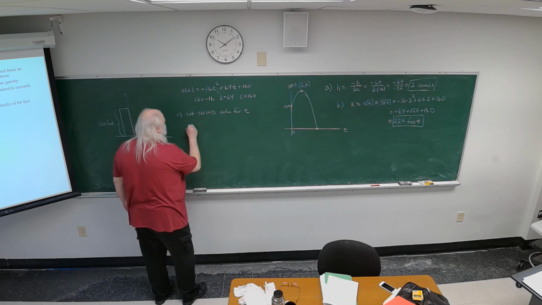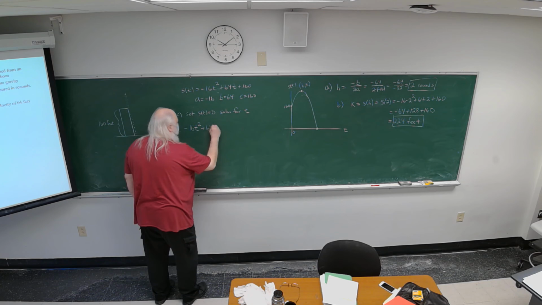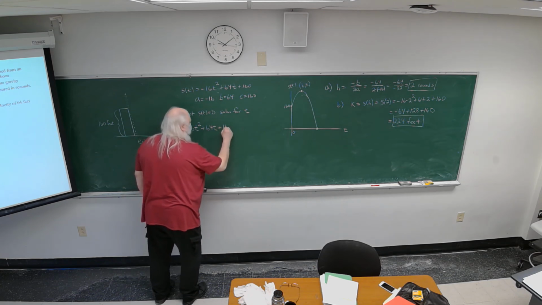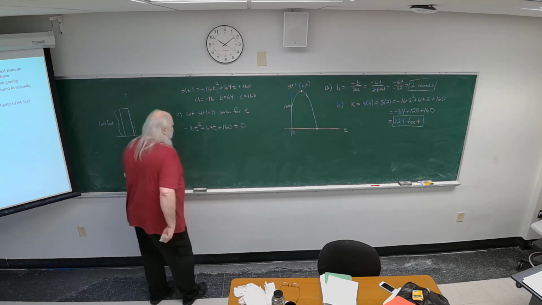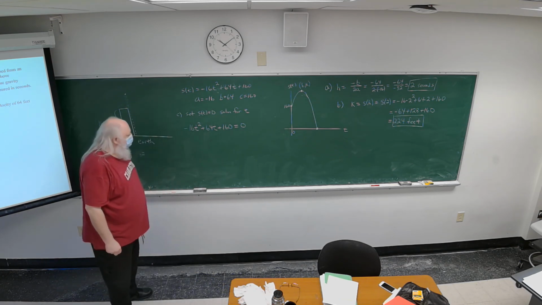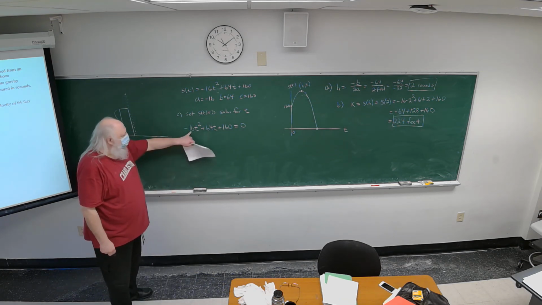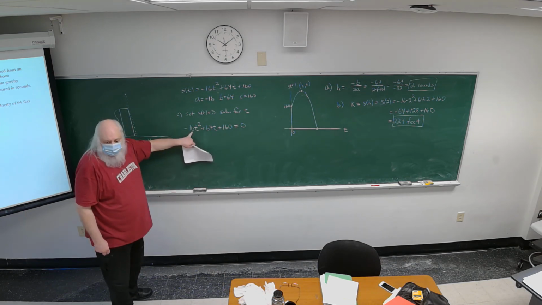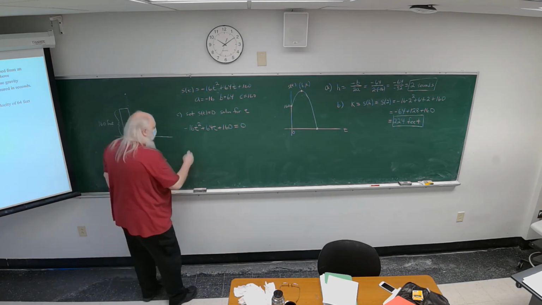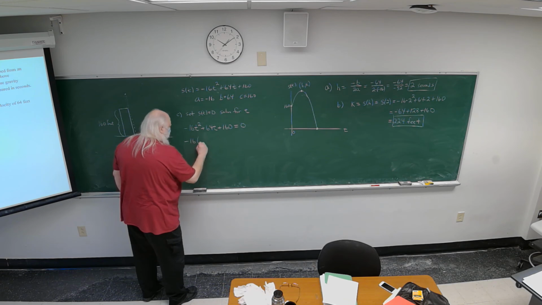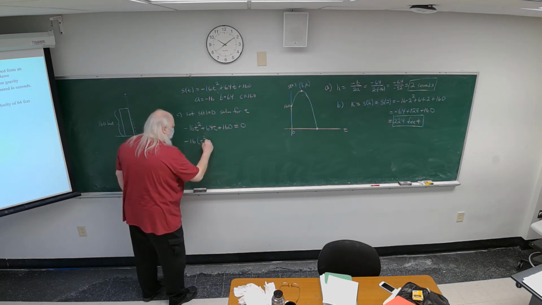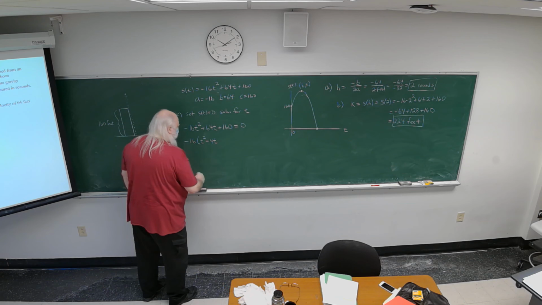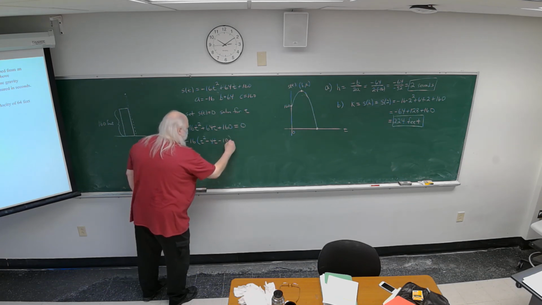So we have minus 16t squared plus 64t plus 160 is equal to 0. Now, you'll notice that each of these coefficients is divisible by 16. More importantly, minus 16. So if I factor out a minus 16, I have minus 16 times t squared minus 4t minus 10.